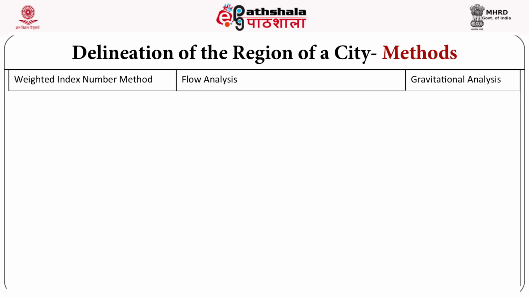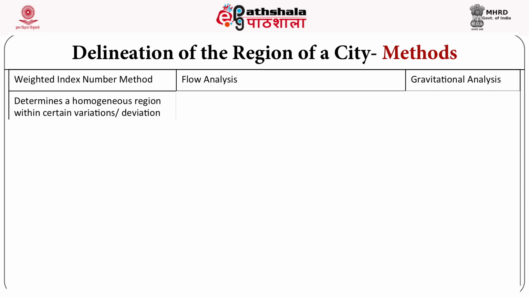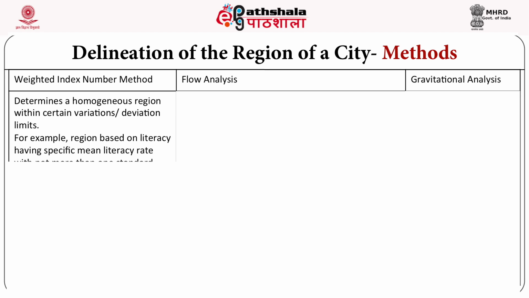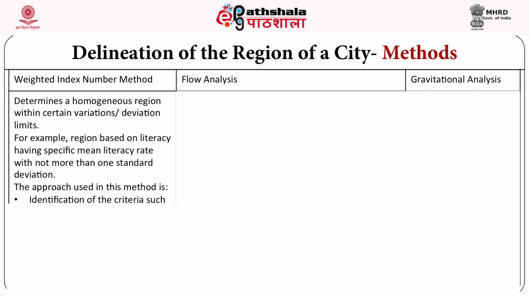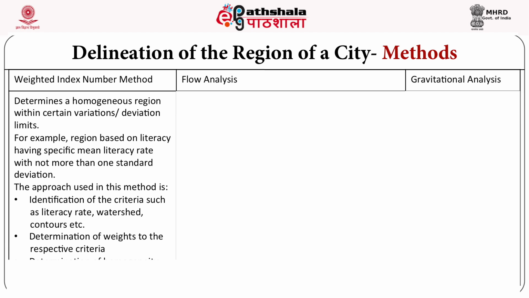The weighted index number method involves identification of criteria, such as literacy rate, or land form. It can be demographic, it can be environmental, but the aspects can be taken depending upon the context, or the type of setting.